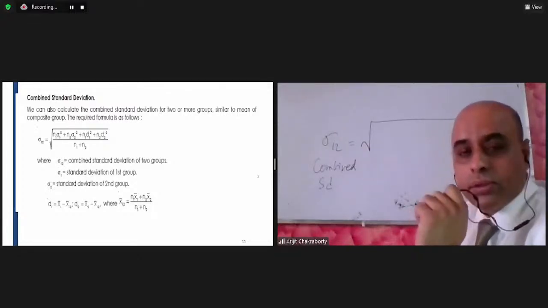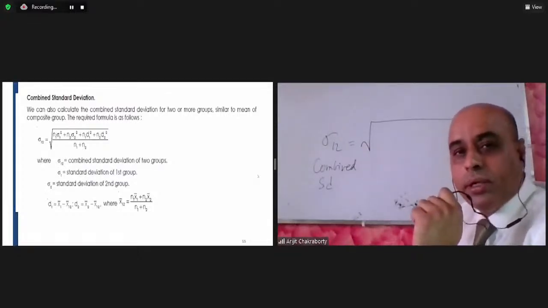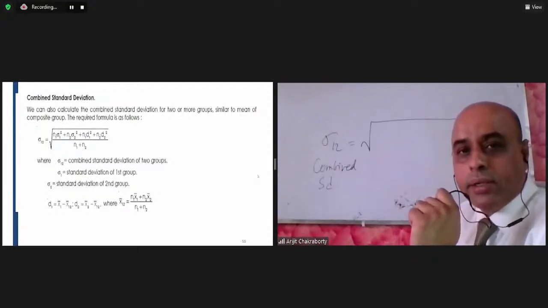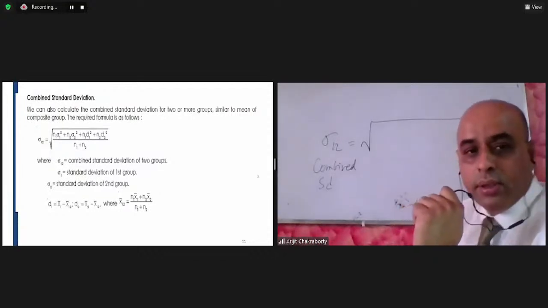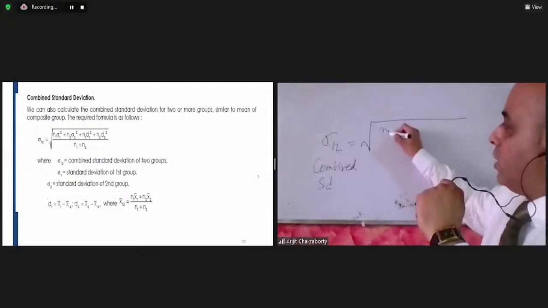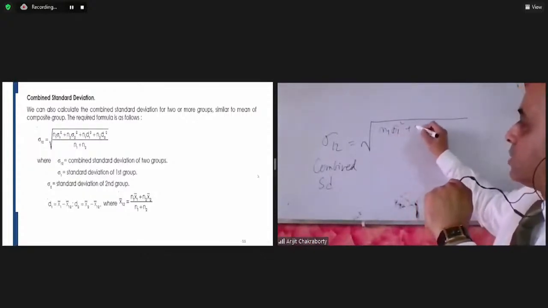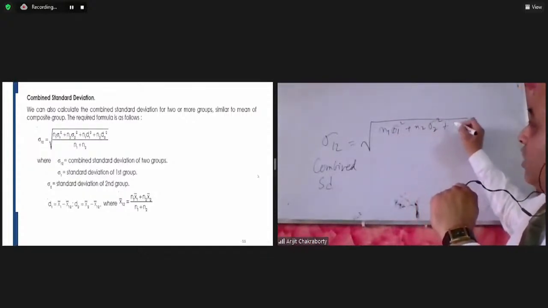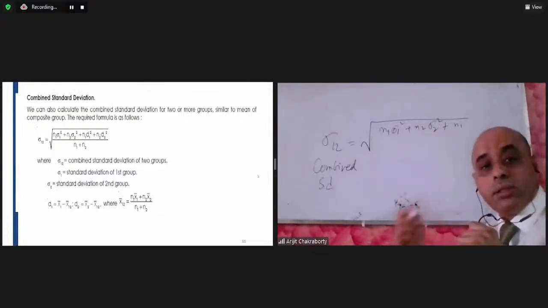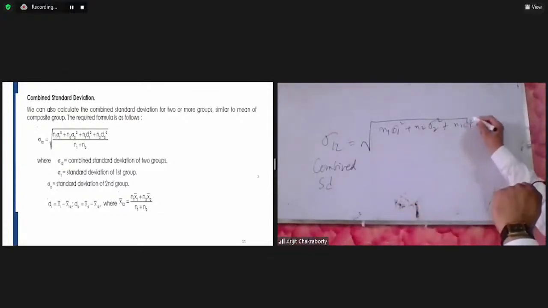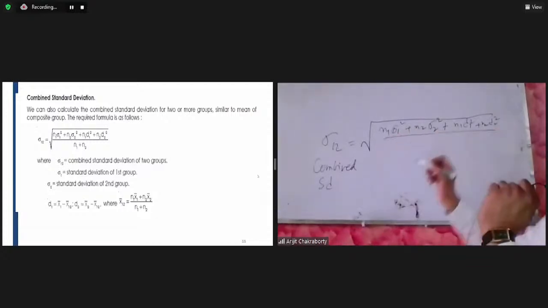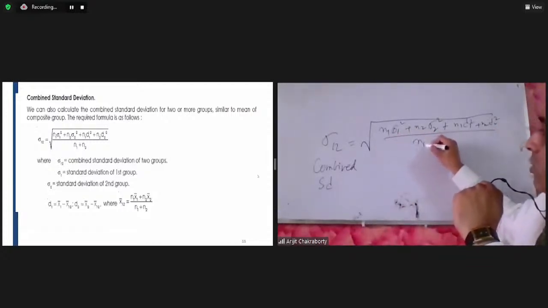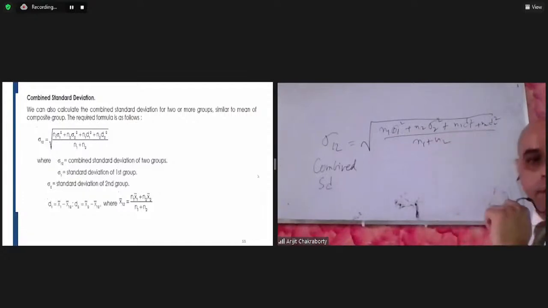One question I will solve is absolutely important for the exam, and it is based on this formula. So what we do is n1 sigma 1 square plus n2 sigma 2 square plus n1 d1 square plus n2 d2 square, divided by n1 plus n2, that is the total number of observations.